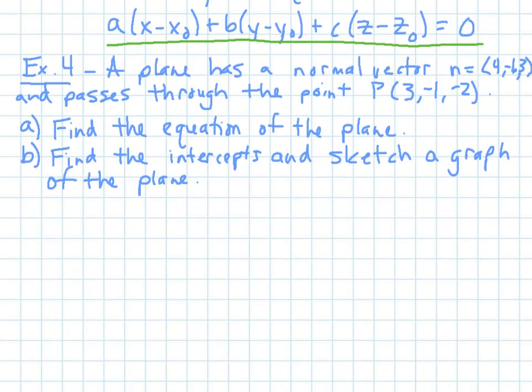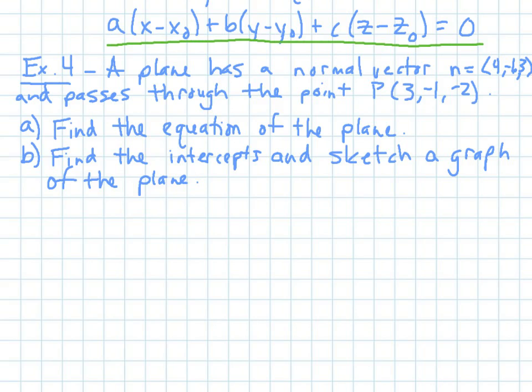So a plane has a normal vector, let's say 4, negative 6, 3, and an initial point, or a point that it passes through, is 3, negative 1, negative 2. So if we want to find the equation of the plane, first I just need to plug the stuff in.